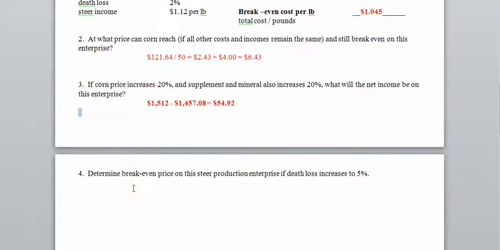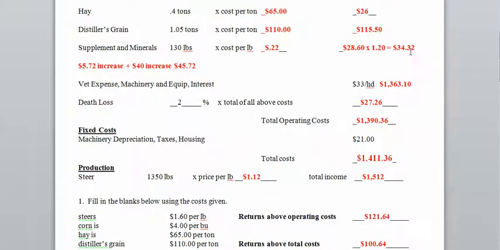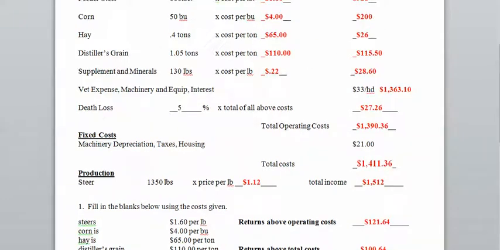Okay, next question here is, what's our break-even price on this steer if death loss increases to 5%? So let's take away those adjustments we just made because it's a different problem now. Okay, so now we're going to increase our death loss from 2% to 5%. We're going to take our subtotal here, like we did before, $1,363.10, and now we're going to multiply that by 5% instead of 3%.